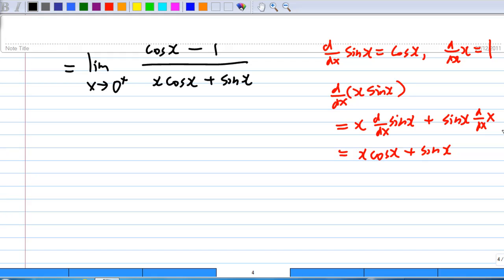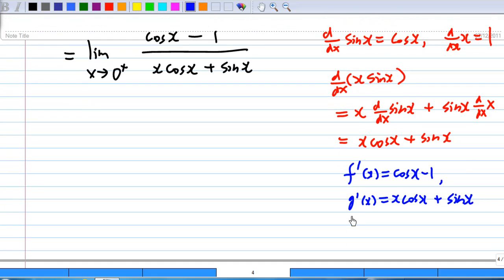Now, when x approaches 0, this is again an indeterminate form of 0 over 0. Why is this so? Because we already know f prime of x equals cosine x minus 1, and g prime of x is equal to x cosine x plus sine x. Now both f prime and g prime are continuous and differentiable at 0.